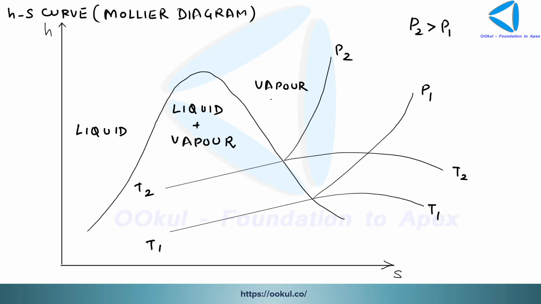But in the vapor region, or the superheated region, the pressure curves slope upwards, whereas the temperature curve slopes downwards. So there is a difference in the superheated region, but in the wet region both the pressure curves and temperature curves coincide.